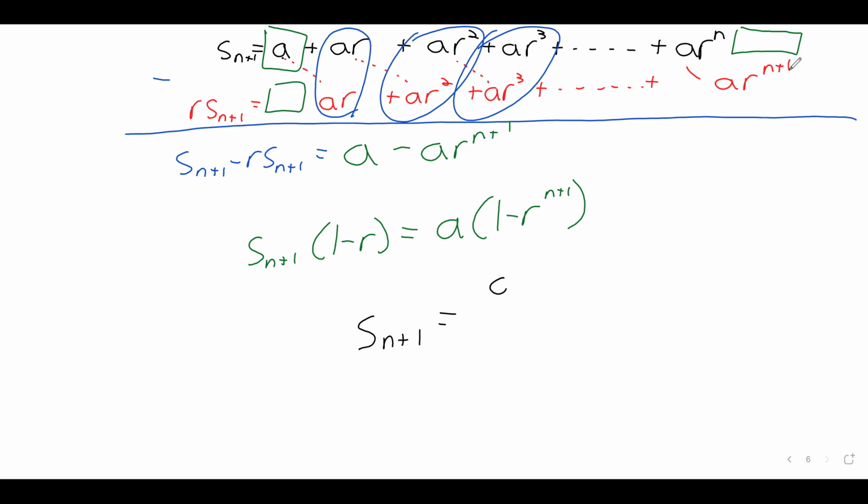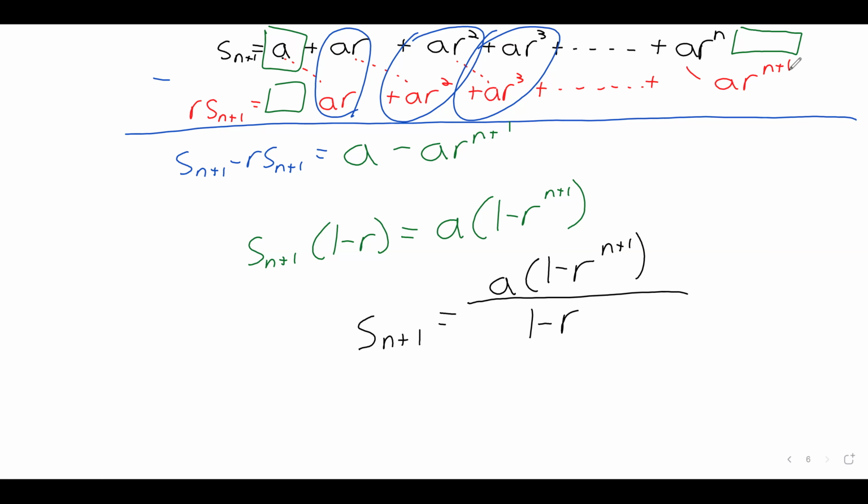Now I'll divide. And at first blush, you might expect some kind of cancellation here. We've got 1 minus a power of r in the top. We've got 1 minus r below. There's no cancellation, but we can take the limit as n goes to infinity.